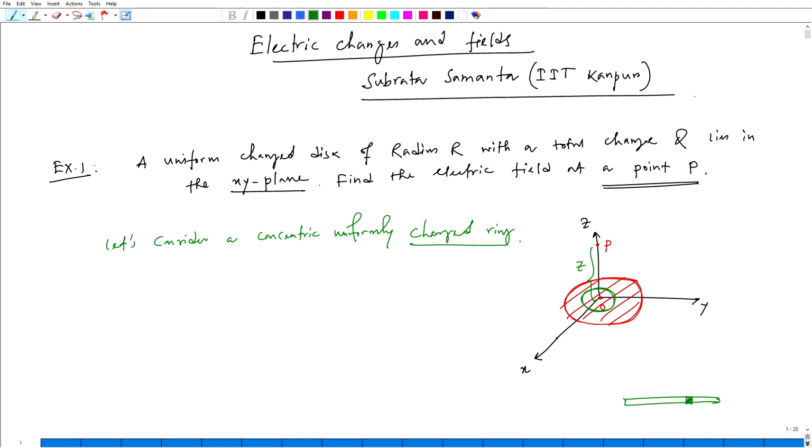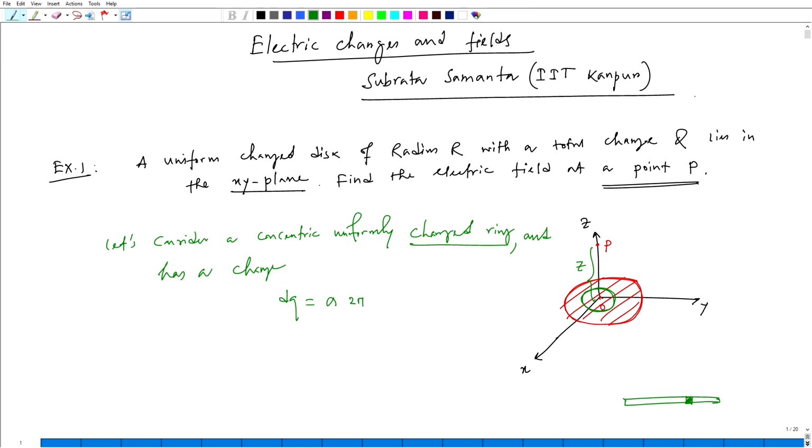So, what is the charge of this concentric ring? The concentric ring has a charge dq equal to sigma times 2 pi r prime dr prime.